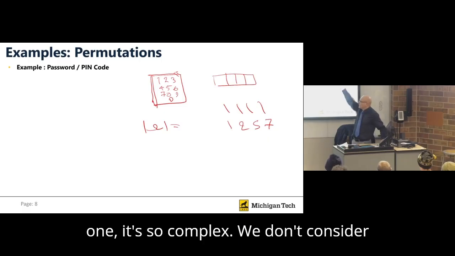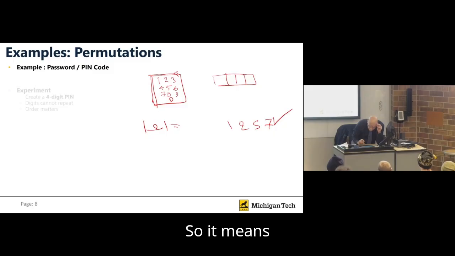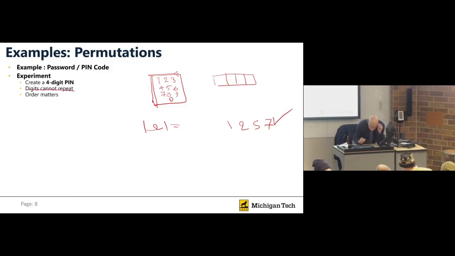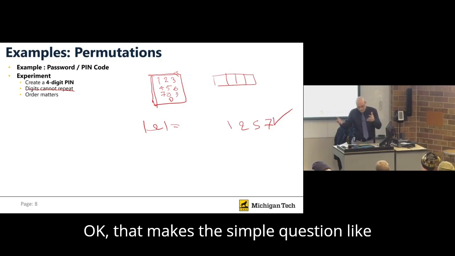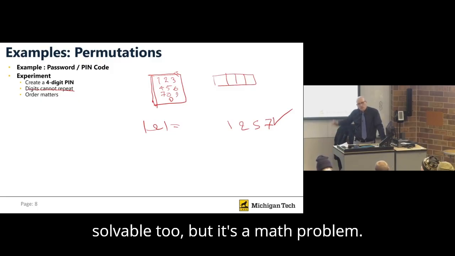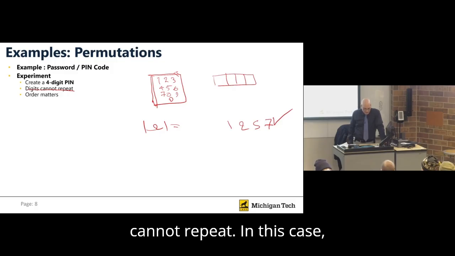The first one is so complex, we don't consider that one. We consider this, so it means digits cannot repeat. That makes the question simpler and easier to solve. Okay, anyway, digits cannot repeat.